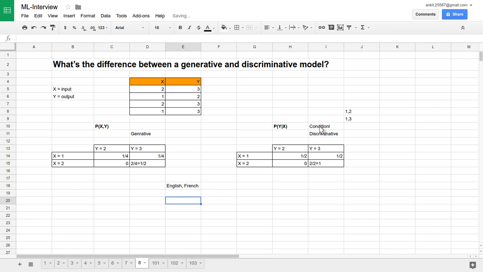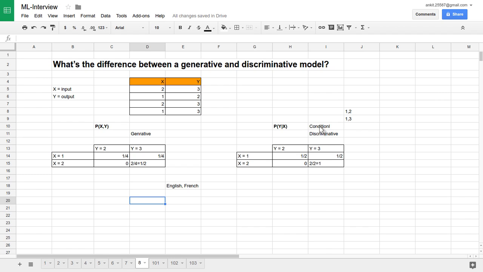Let's say we don't know what is English, we don't know what is French, but we have been given one sentence, and that sentence is either in English or in French, and our task is to detect which language that particular sentence is written in. So how can we go with both of these approaches, so that the machine will recognize that the sentence is in English or French, which kind of model can we use?